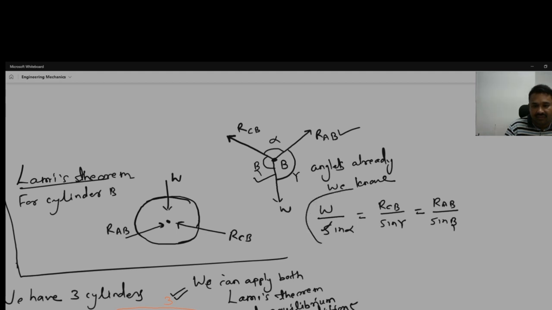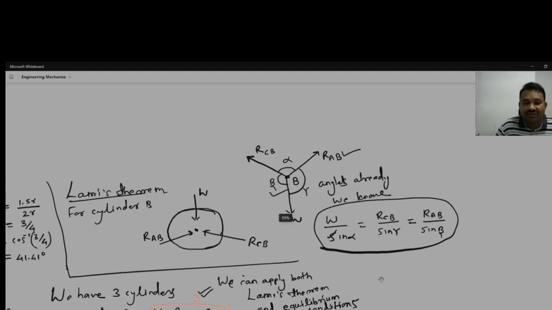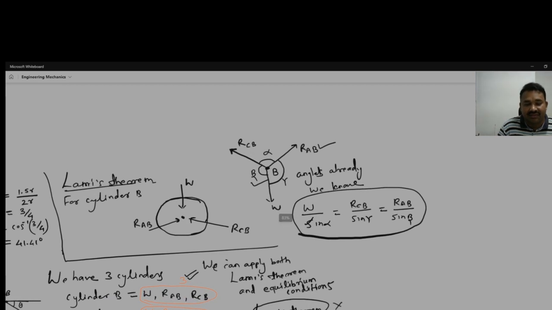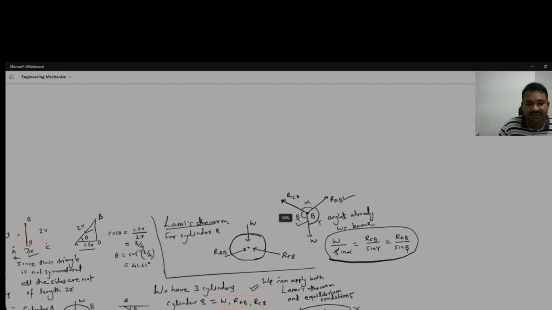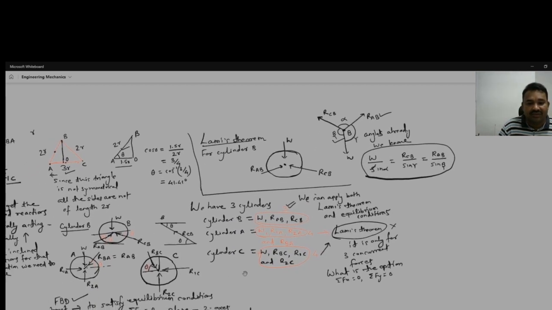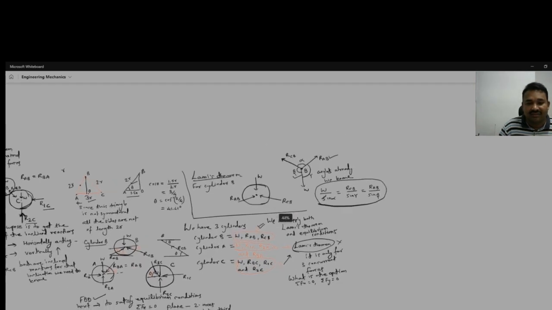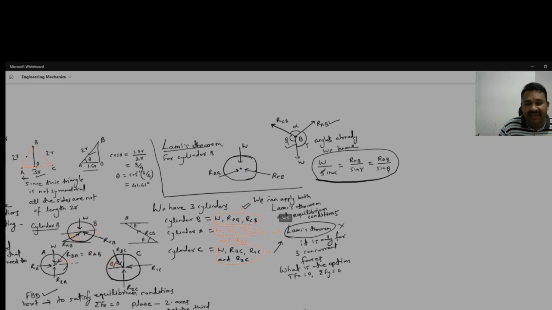So this we can apply. It is your choice, either you apply Lami's theorem or the equilibrium conditions. Based on this, by applying the equilibrium conditions, the unknowns can be found out.